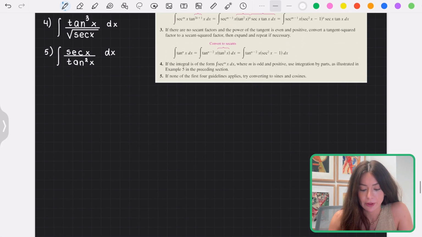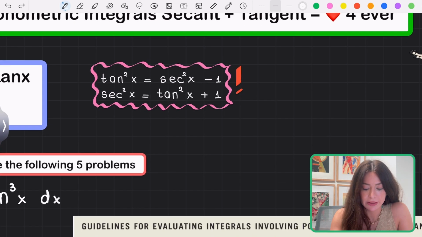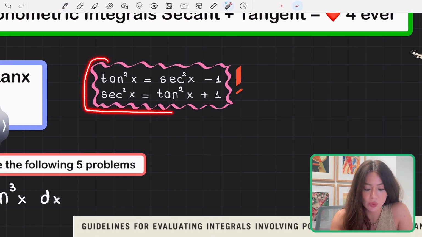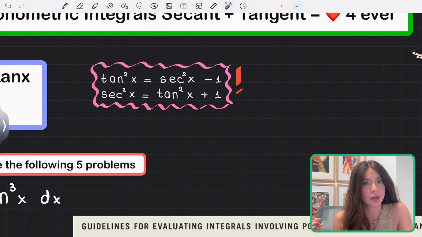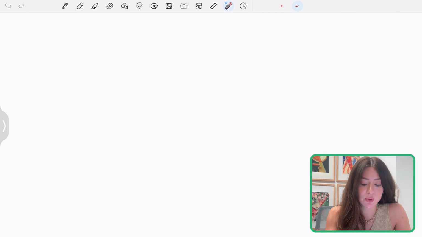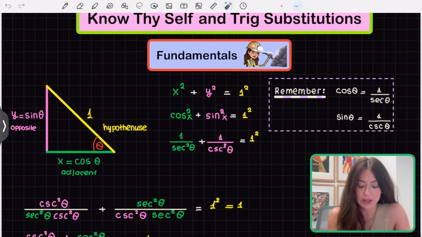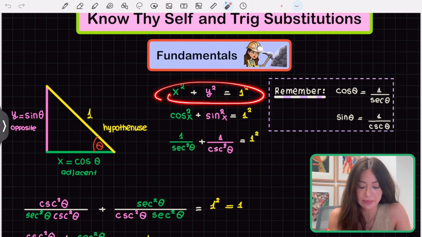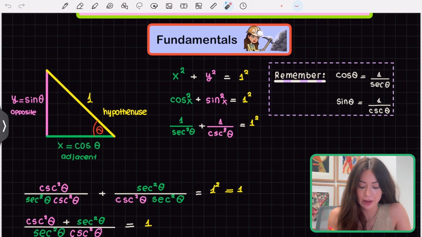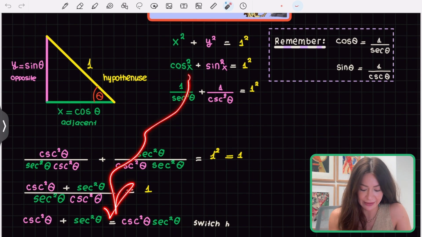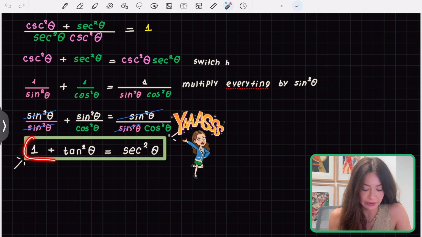Now let me remind you of something that you're going to use all the time with trigonometric integrals involving tangents and secants. Remember, with cosines and sines, you used this very fundamental relationship that came from the Pythagorean theorem. Well, if you follow the math here, you get this relationship.